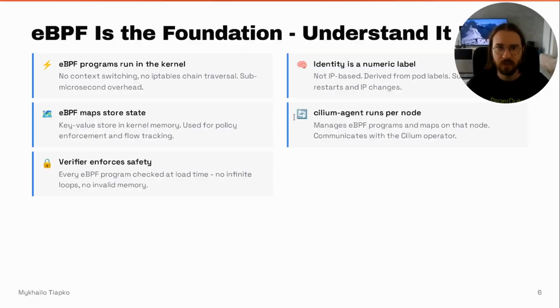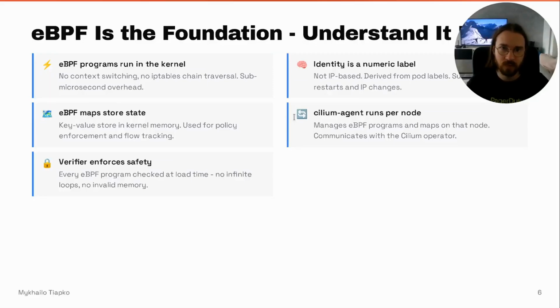I would say start with eBPF fundamentals, even if they feel abstract. It's only 10% of the questions, but architecture, network policy, and observability all assume you understand it. There are 3 things you need to know cold. First, eBPF programs run in the kernel and are verified at load time. No infinite loops, no invalid memory access. Second, eBPF maps are key-value stores in kernel memory, used to share state between programs and user space.